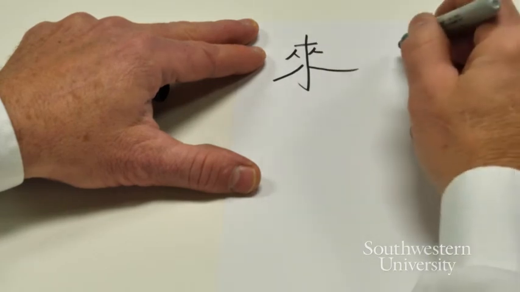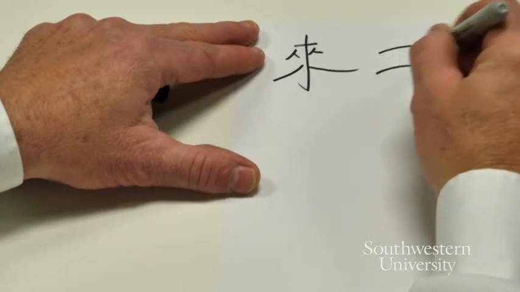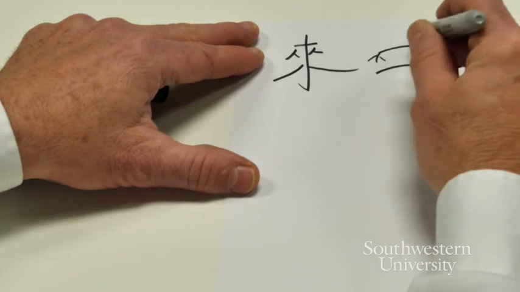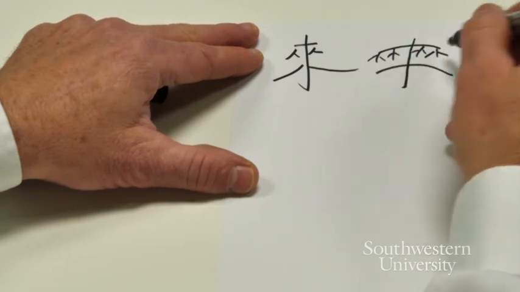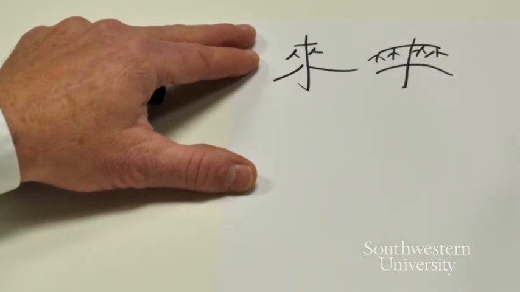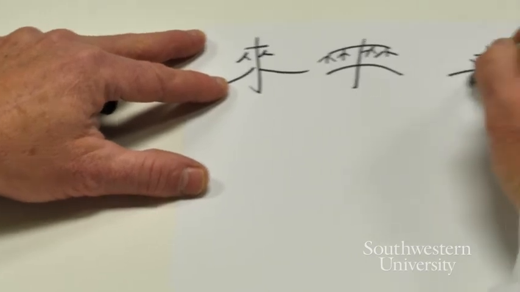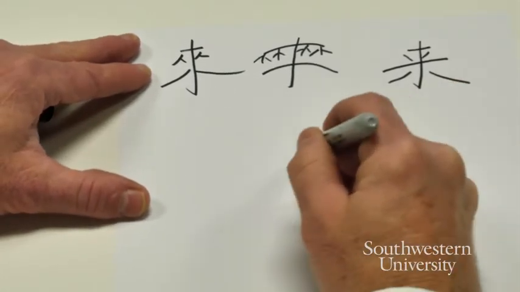And it's a depiction of wheat or some such thing with the tassels. And I'm doing a really terrible job. This really isn't what it looked like. But the tassels of the grain hanging down. In simplified characters, it's simplified down to that much. Lai. So let's try that.